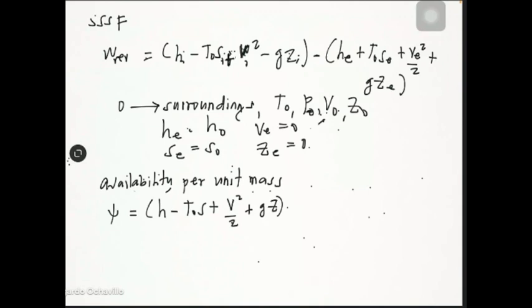Now, so (U minus U0) plus P0 (V minus V0) minus T0 (S minus S0). This is the availability here, or this is the exergy.